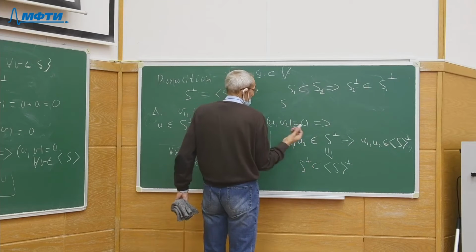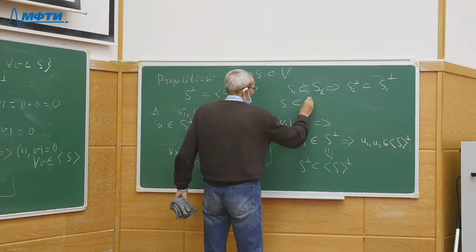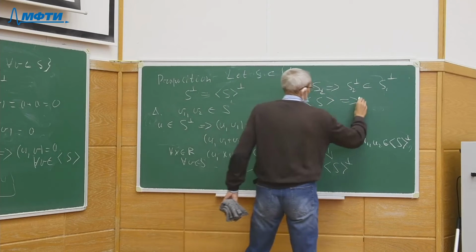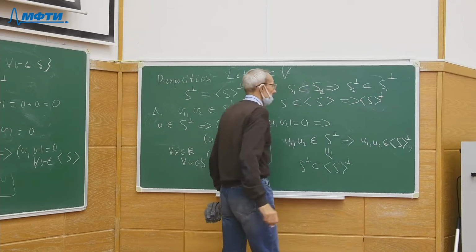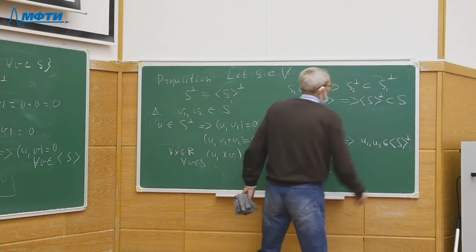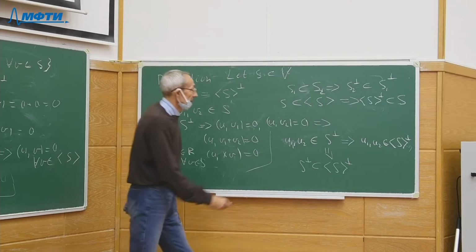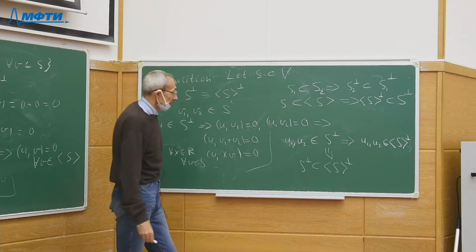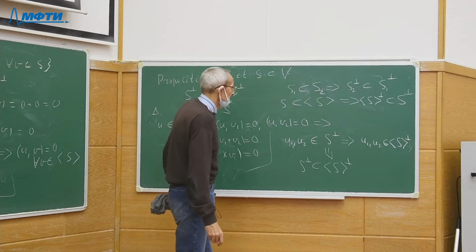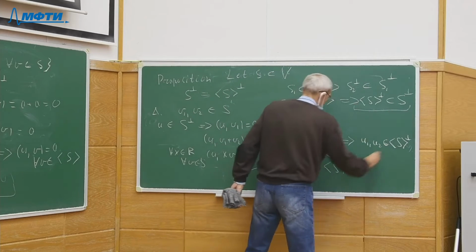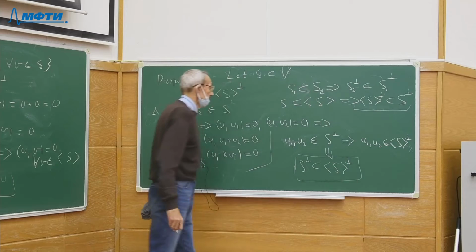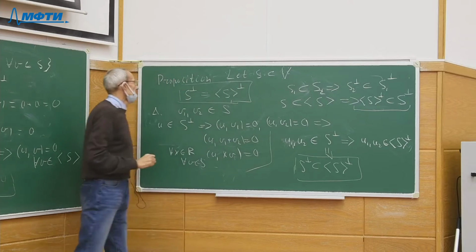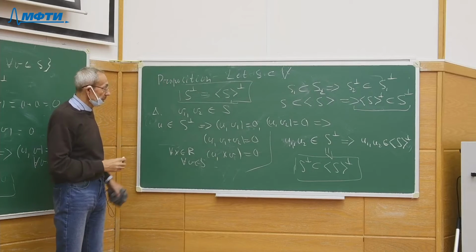We have the following evident inclusion: S belongs to its linear span, and from this fact it follows that the perpendicular of the span of S is contained in S perpendicular, and comparing these two inclusions, we obtain that this equality is proved.